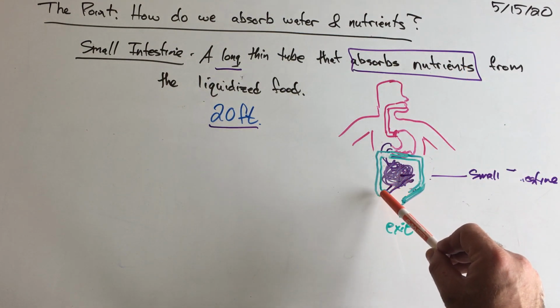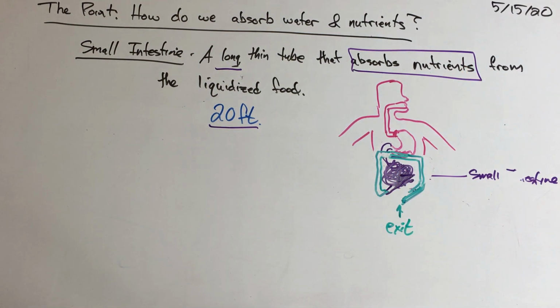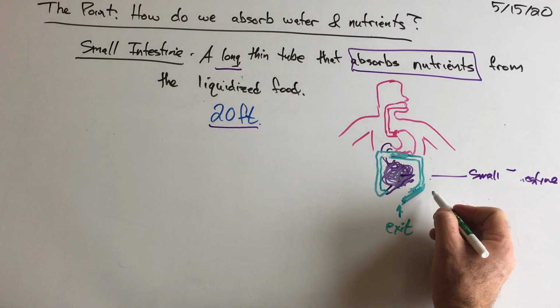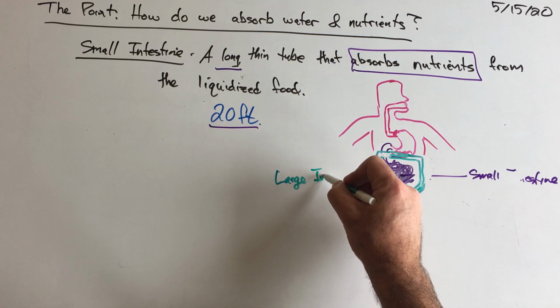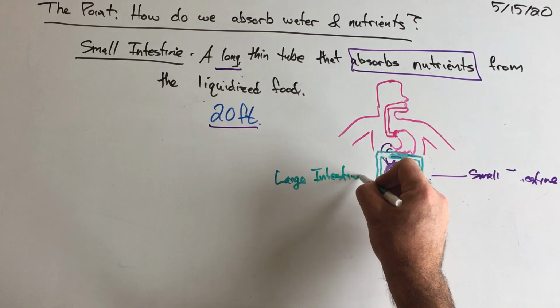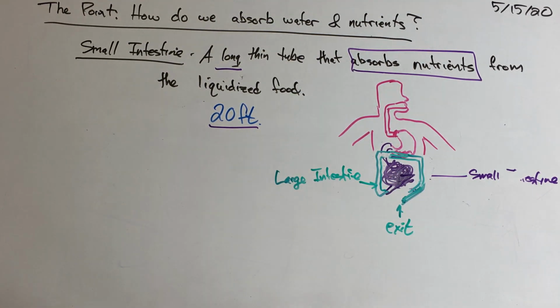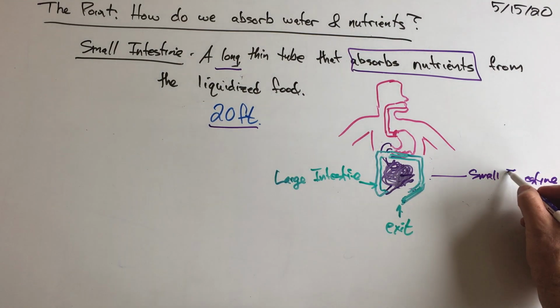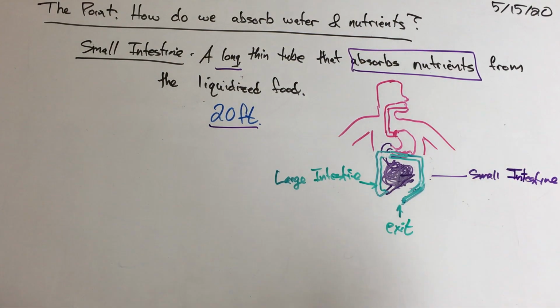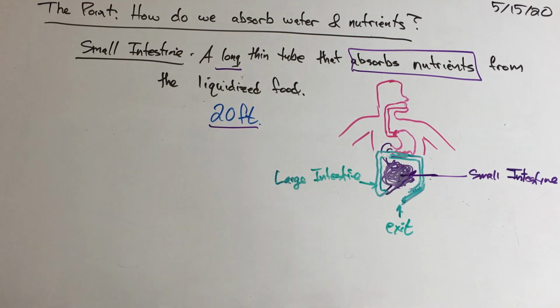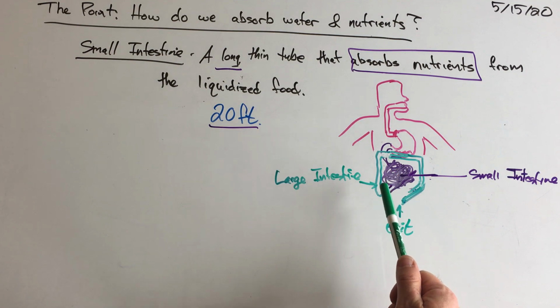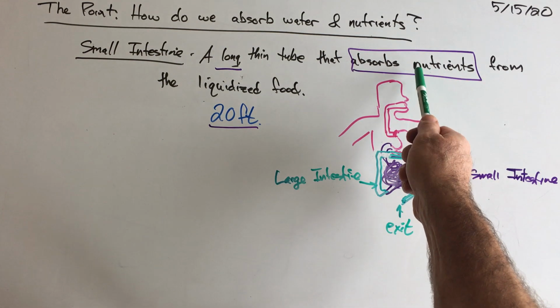But once it leaves and once it goes into here, which is, of course, the large intestine, I guess I should rewrite. Once it enters the large intestine, we no longer absorb nutrients. That job is done.